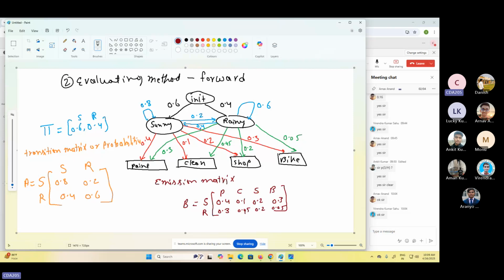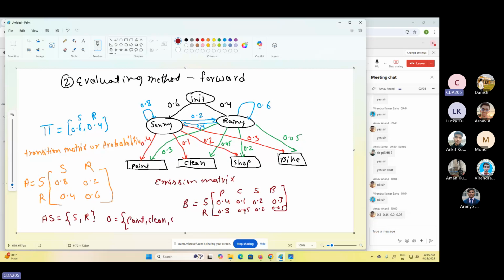Okay, hidden states. What are the hidden states? Hidden states are sunny and rainy. What are the observed states? Observed states are paint, clean, shop, bike. This is the problem we have been given.